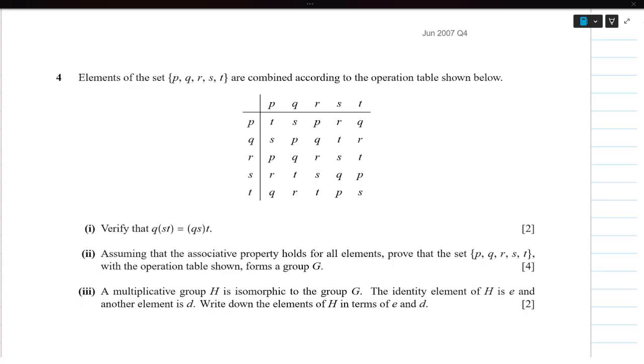Just for context, I do OCR MEI further maths, and one of my additional modules is extra pure further maths, which includes very exciting topics from recurrence relations, multivariable calculus, eigenvalues, eigenvectors, and finally group theory.